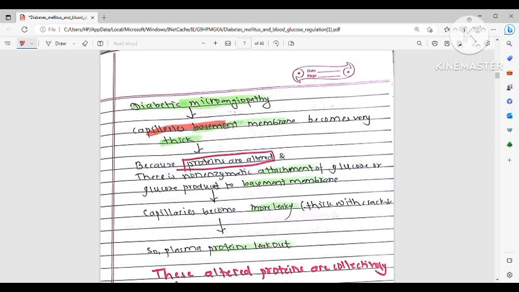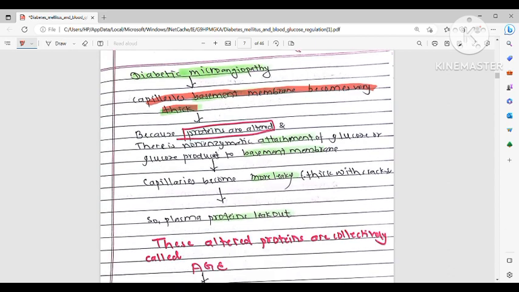The capillary basement membrane becomes very thick because proteins are altered due to hyperglycemia. There is non-enzymatic attachment of glucose. As the glucose level increases, glucose or glucose products attach to the basement membrane, so that the basement membrane becomes highly thick and leaky, thick with cracks.